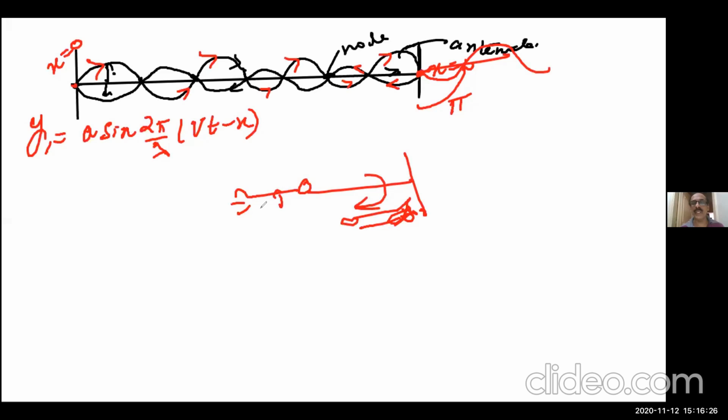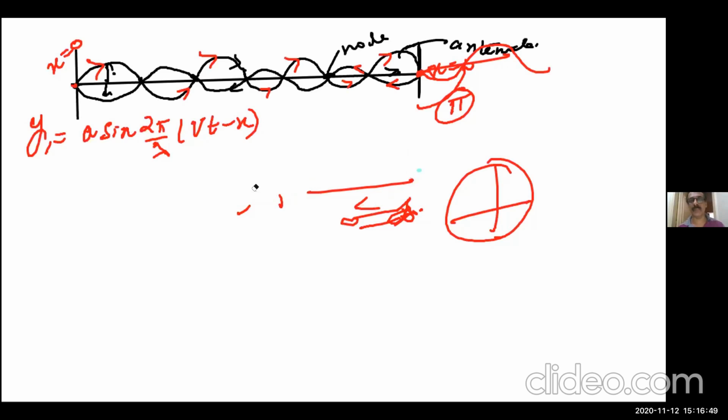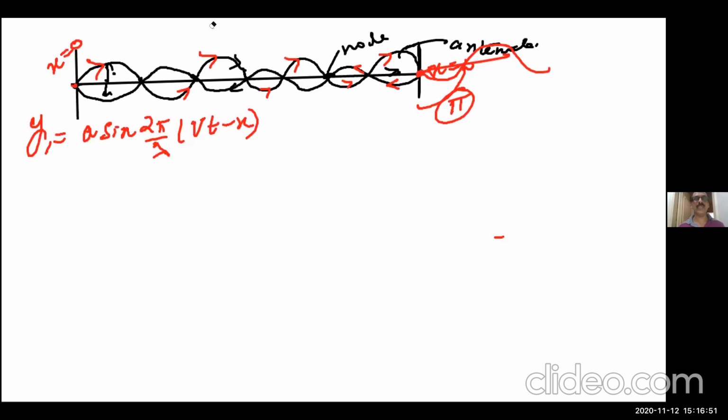How many degrees do you turn now? 180. That 180 is the additional phase that we are taking here, because in a small instant of time there's a lag happening. If there's a lag, that should be subtracted. If it is continuing, the phase is continuing. But here the reversing time is taking place. So that should be the additional phase. That is called initial epoch. You remember we studied initial epoch.